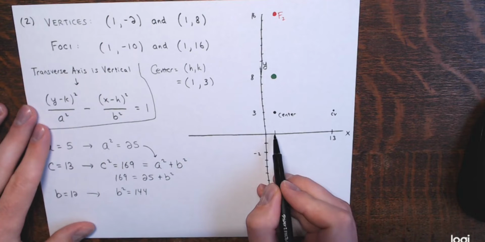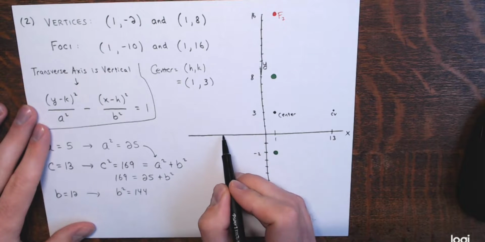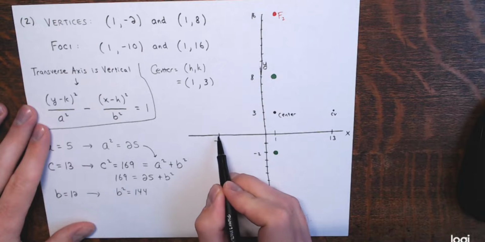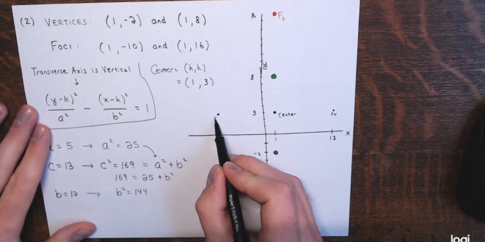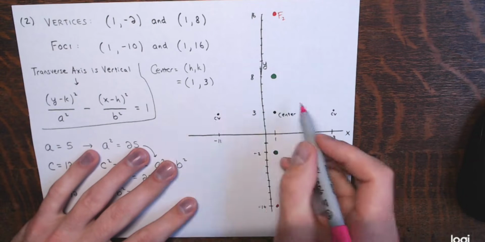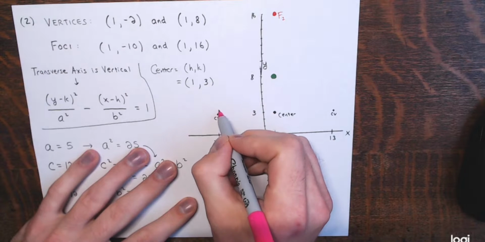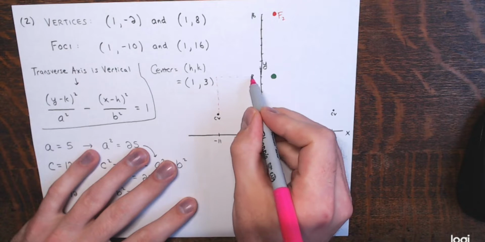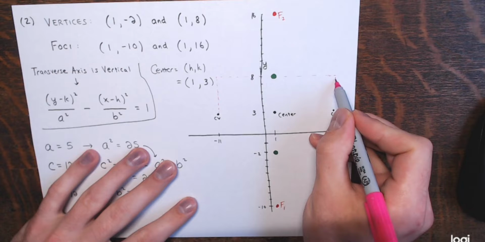And then if I go left 12, that'll be at -11 for the x-coordinate. So -11, 3 is another co-vertex. There's CV again. But again, these are not points on the hyperbola. These do not belong to the hyperbola. They are not solutions. They're just guides. Using the vertices and co-vertices, I can make a little rectangle that contains the vertices and co-vertices.